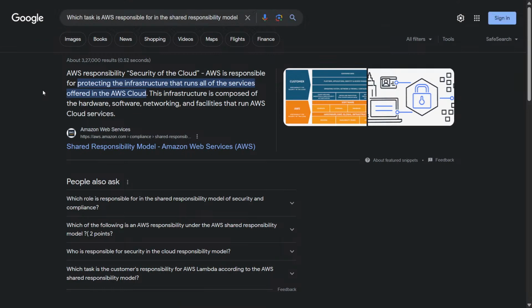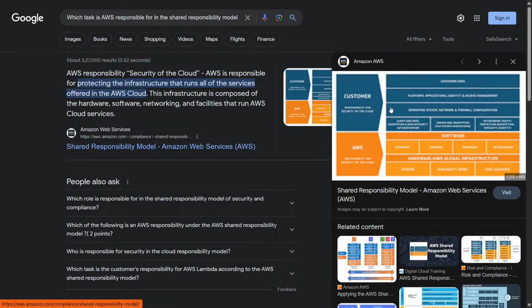AWS responsibility: security of the cloud is responsible for protecting the infrastructure. Let's read this diagram. I cannot even make a Discord bot. Lies, literal lies. Okay, customers' responsibility for security in the cloud.